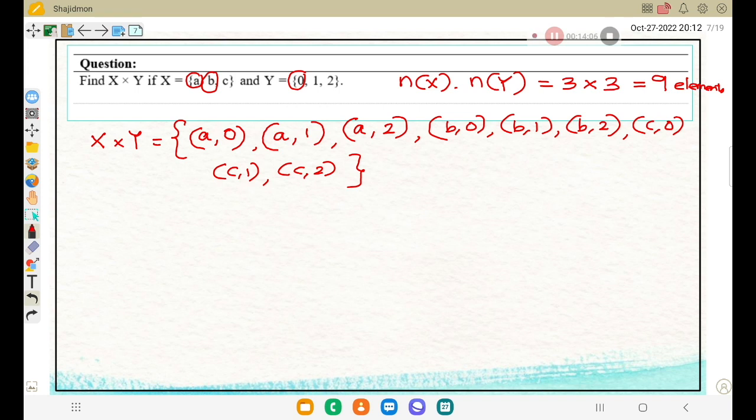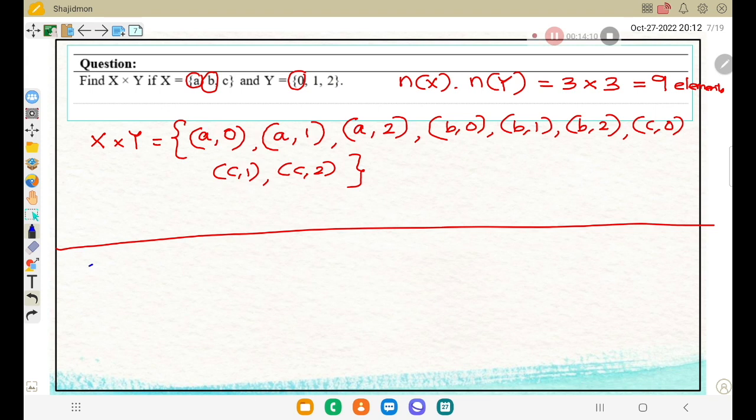Now in a similar way we can do 3 sets also. For example, if you are calculating X cross Y cross Z, correct? 3 sets. So this time what we are doing is an ordered triple. First number from the first set, X. Second number from the Y set. Third number from the Z set, correct?